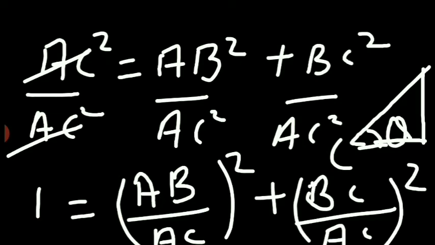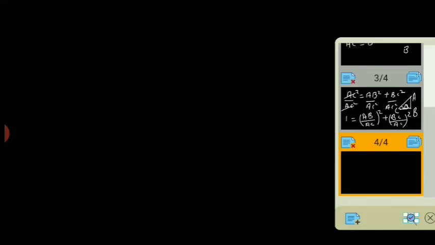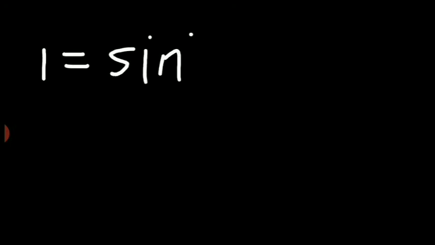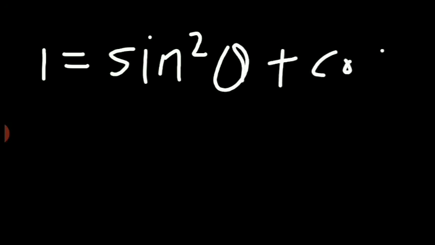From the triangle, AB upon AC is sin theta and BC upon AC is cos theta. So we write 1 is equal to sin square theta plus cos square theta. Okay, so it is the first identity.